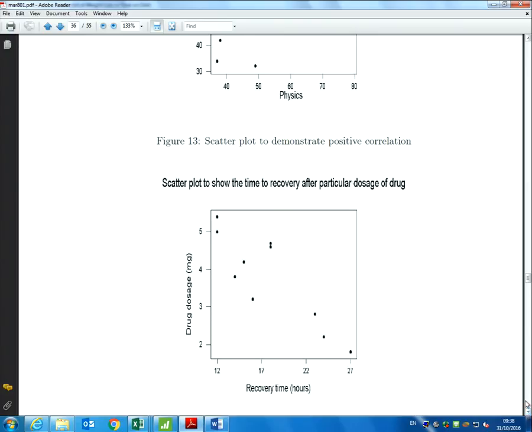Okay, what about this one? We're looking at recovery time and dosage of a drug. Is this positive or negative? Negative. Strong or weak? Okay, so we're saying fairly strong, but it's the correlation coefficient that actually quantifies that.